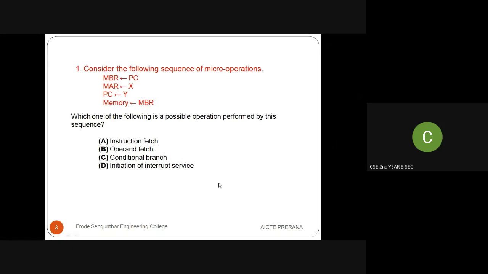Okay, so just analyze what the question is meant for. They have given the sequence of operations as micro operations, MBR, MAR, PC, related to a certain sequence of operations. They are asking about these 4 different kinds of operations. What are all the set of possibilities for these operations?